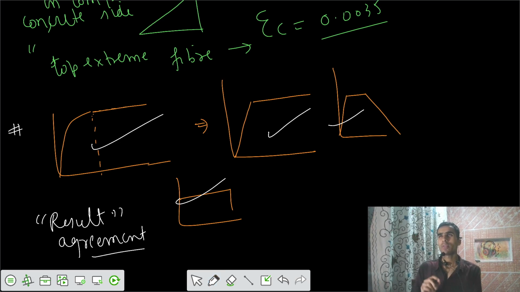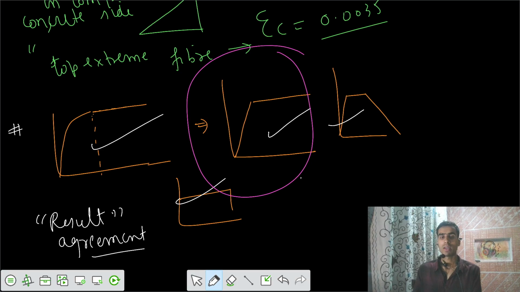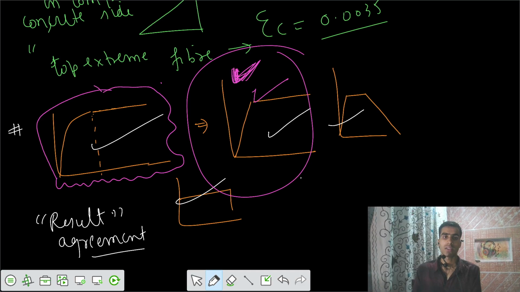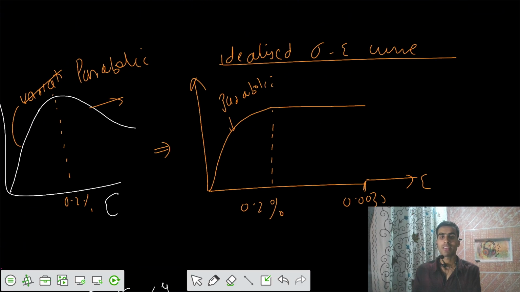Based on this, we will be having two problems where we change that diagram. We are going to see one of the problems related to this one, but for the derivation we are not going to keep this one. For the derivation we are going to use the one that is almost equal to the actual stress strain curve.